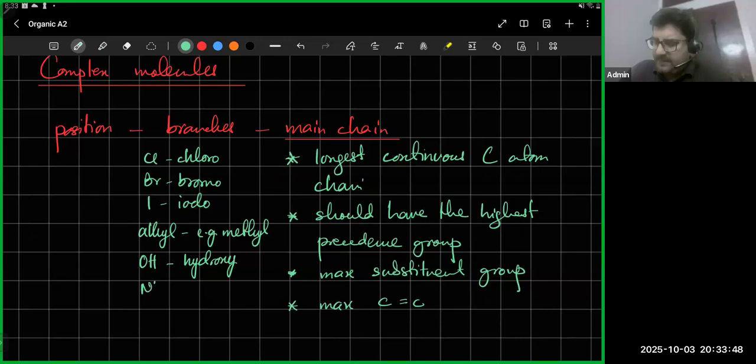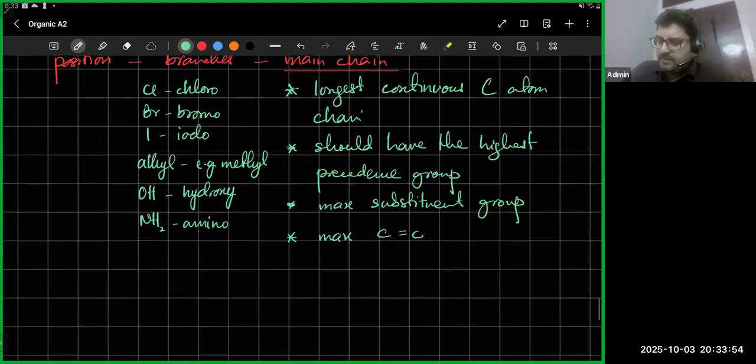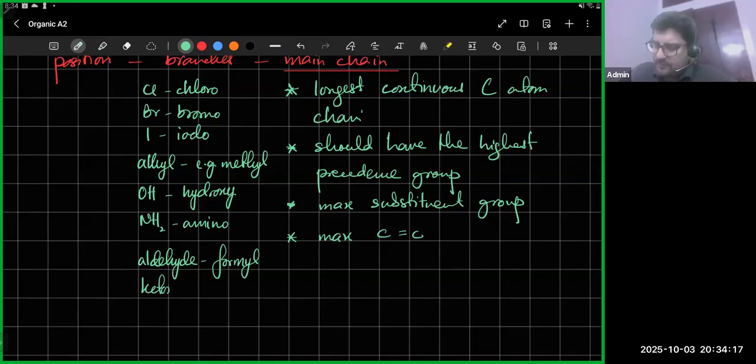The amine, if it's a branch, is called the amino branch. Ketone, if it's a branch, or an aldehyde, if it's a branch, is going to be called... the aldehyde would be called formyl, and ketone is called oxo.